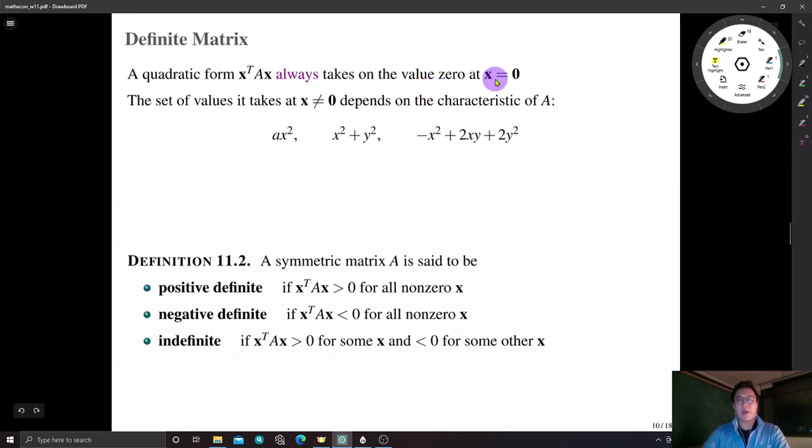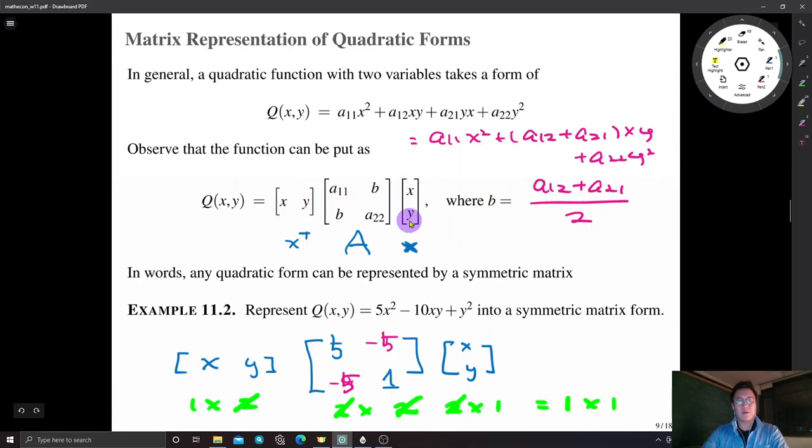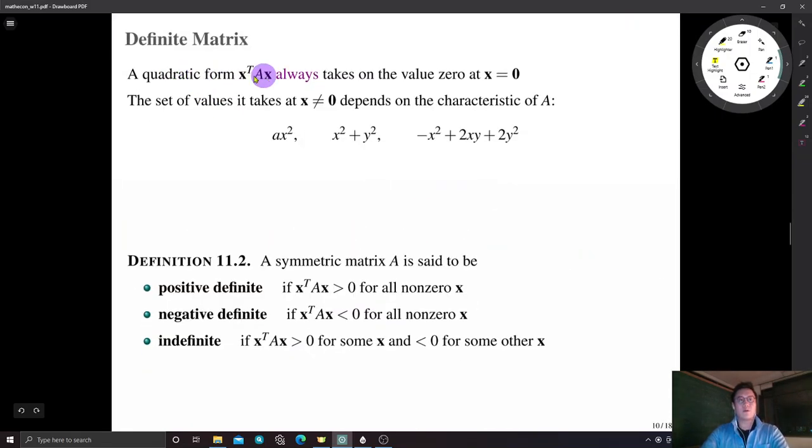When x and y are equal to 0, in other words, this is a zero matrix, then no matter what is inside A, no matter what these coefficients are, we are going to have 0. So the quadratic form takes on the value 0 at the zero matrix.